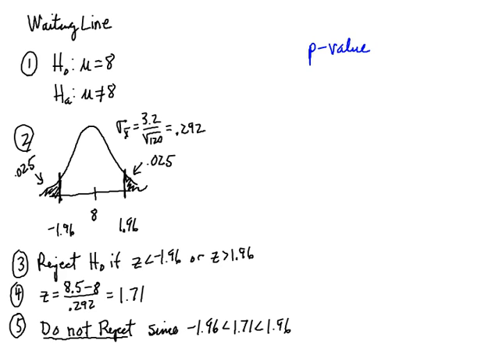We turn next to running the same test using a p-value. Again, we will set up the null and alternative hypothesis in the same way. And the rejection rule is we'll reject H sub 0 if the p-value is less than 0.05.